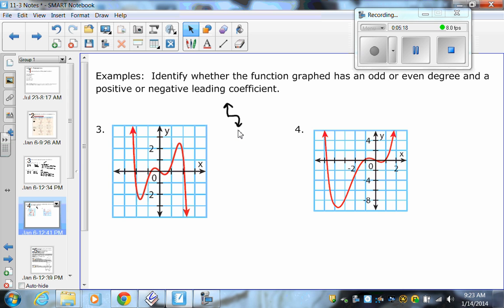And if you look at your chart, that looks to be the bottom left-hand corner. So that tells me that this function has to have a negative leading coefficient and an odd degree.